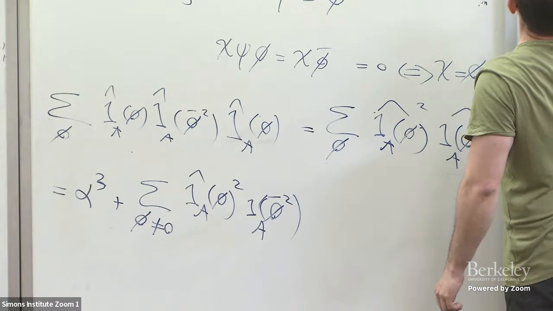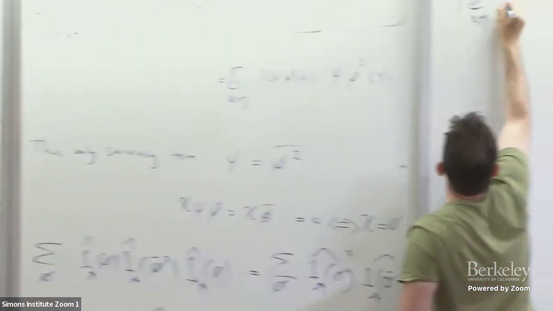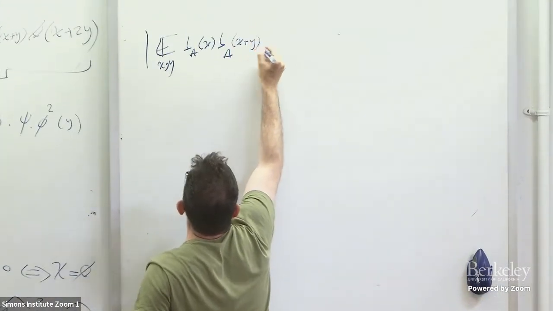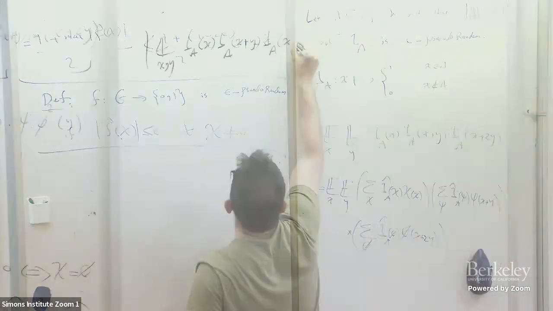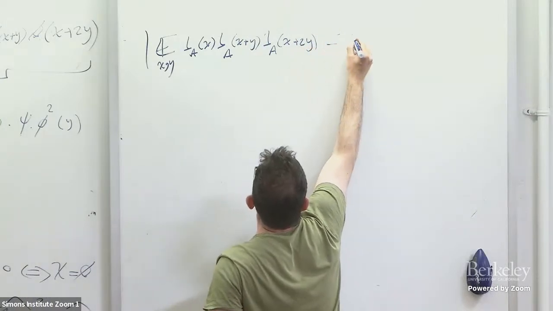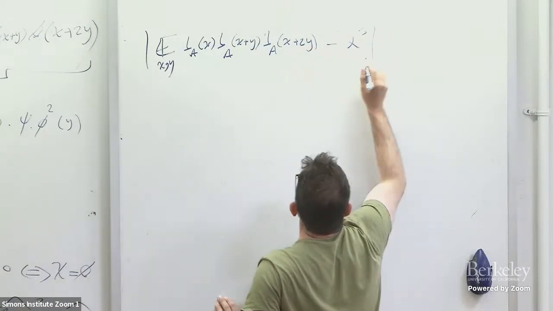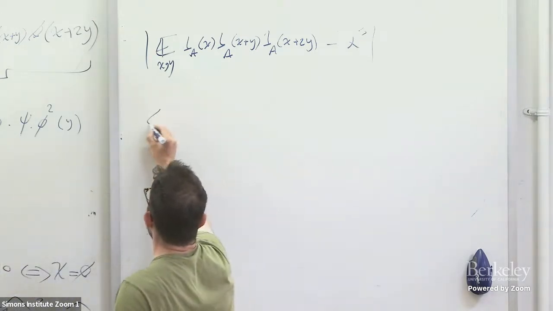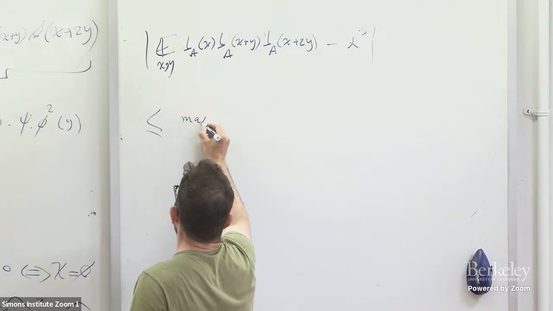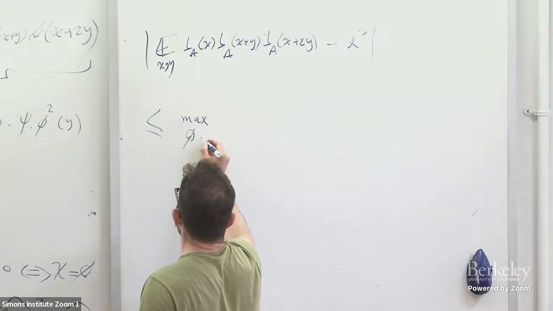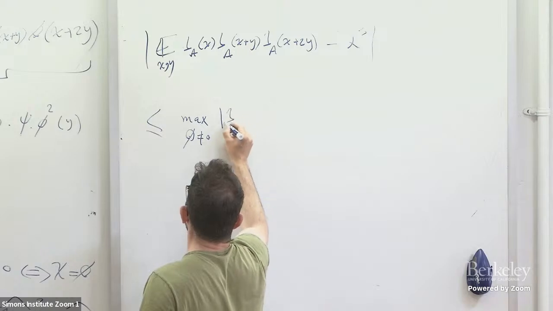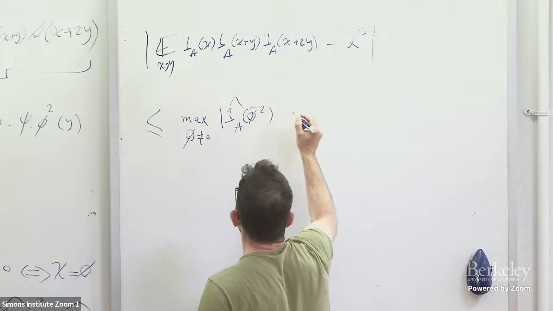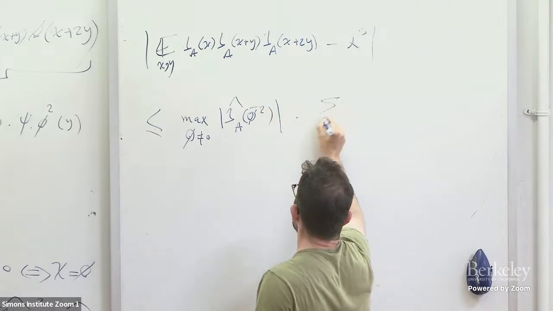This expected value that we were interested in, over x and y, how far can it be from alpha cubed? That's this term, and I can bound that by the maximum over, say, r, times the sum.